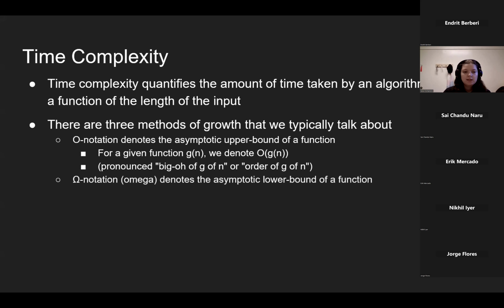The second notation is going to be the omega notation. It's the asymptotic lower bound of a function. So it's the absolute lowest growth rate that your function can have.